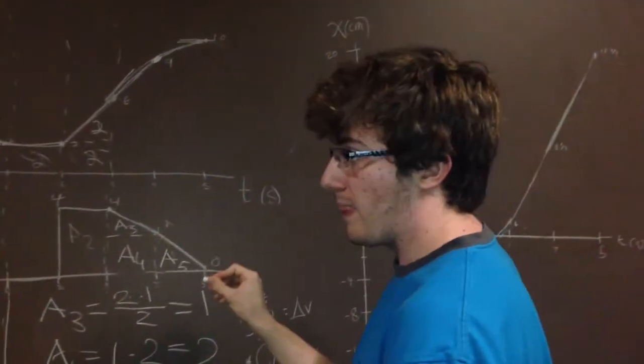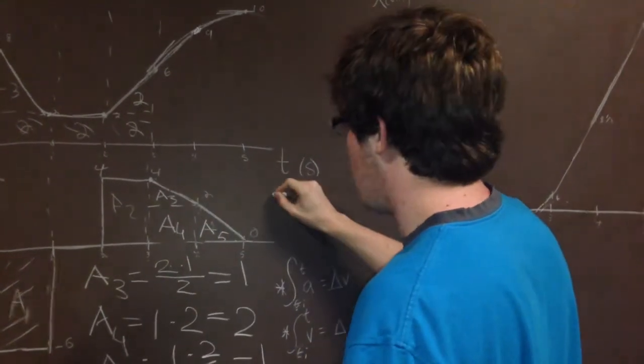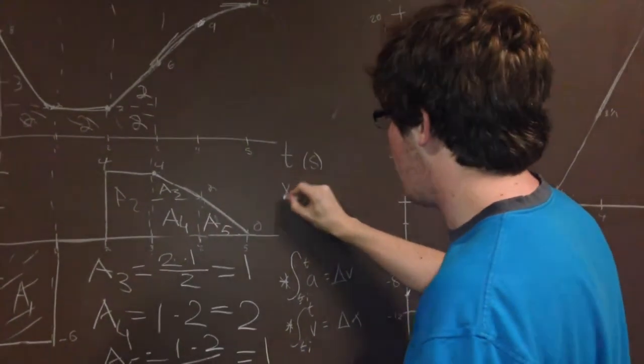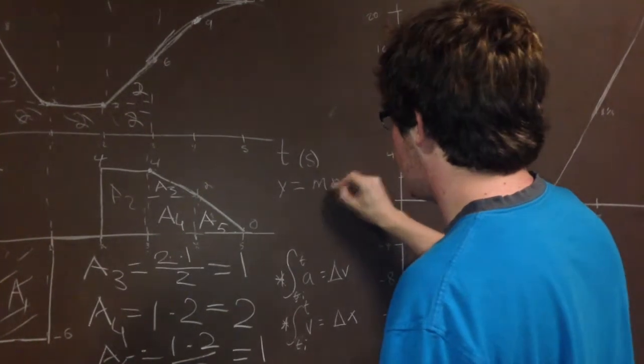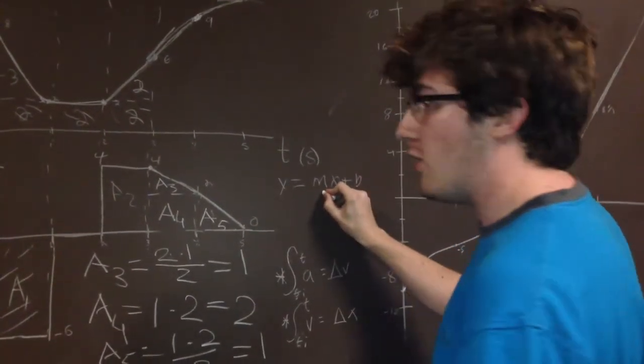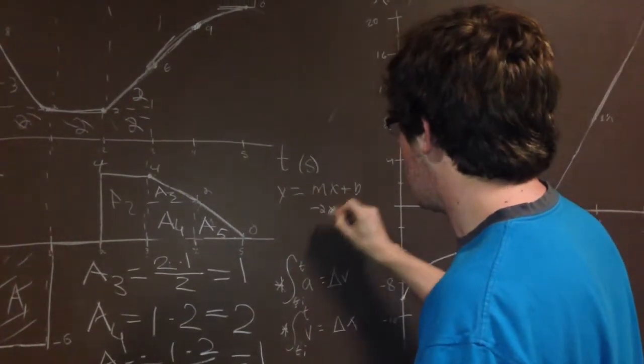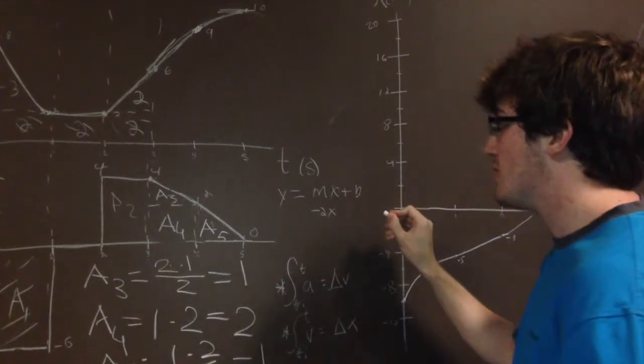Alright, so right there we already have our negative 2x, if we do the equation where y is equal to mx plus b, where b is our y-intercept and m is our slope. All we need to find now is our y-intercept.